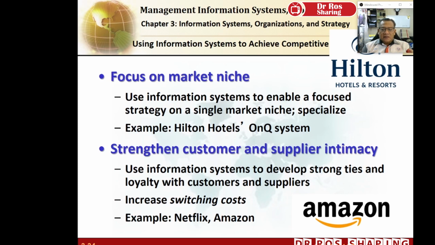Amazon also once in a while offers or promotes books related to the previous book you ordered. That way Amazon keeps a good, close relationship between Amazon and you as its customer.